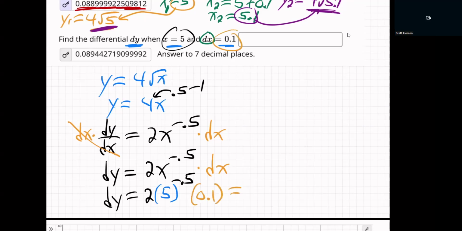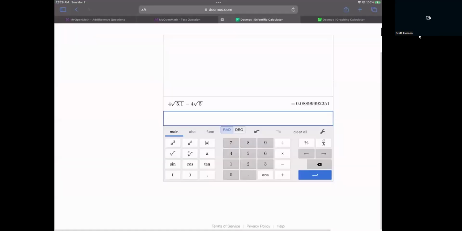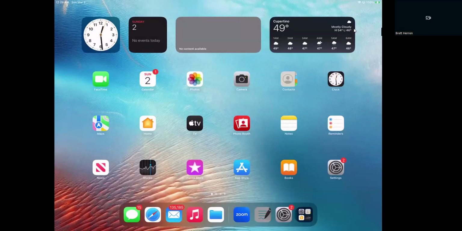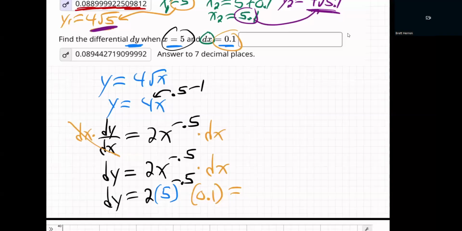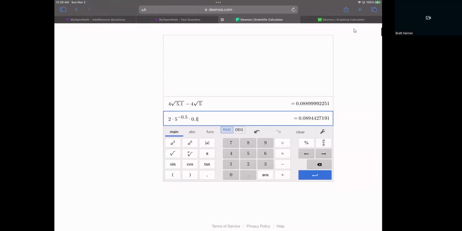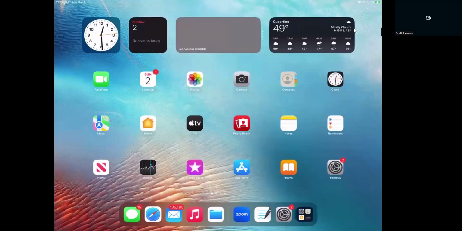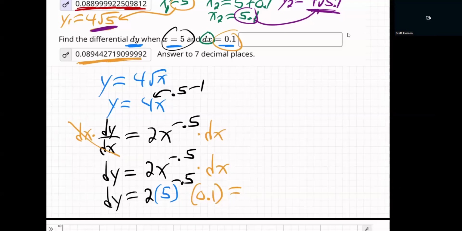Let's go hit the buttons on the calculator. 2 times 5 to the minus 0.5, and times 0.1. 0.0894427. There it is. 0.089442719. A lot of decimals there.